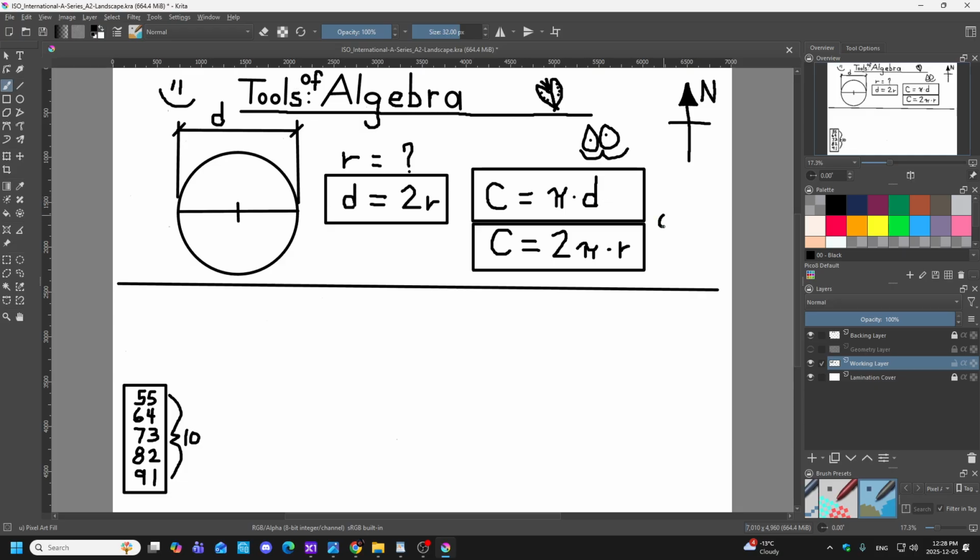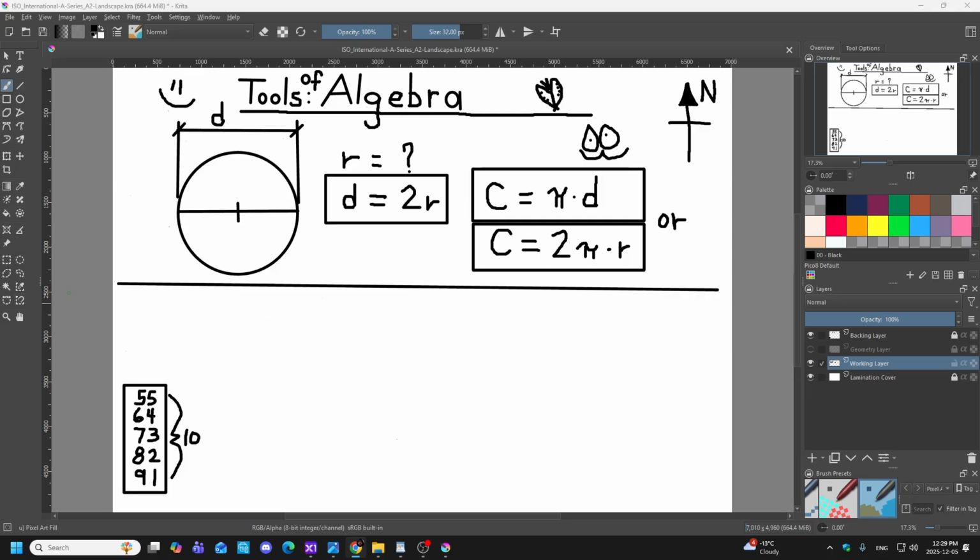Bear with me, guys and gals. So you have option 1 or option 2. It depends on which one you want to use. You can use either or. Hopefully that makes sense.